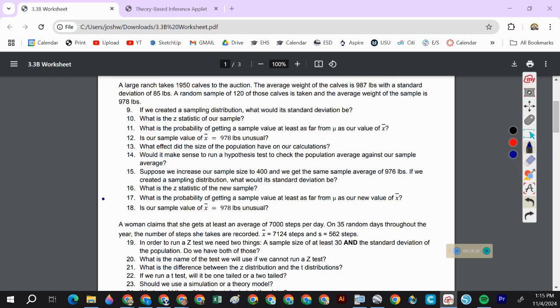So 14 is no. Suppose we increase our sample size to 400 and we get the same sample average. If we created a sampling distribution, what would the standard deviation be? So this time it's going to be 91 over the square root of 400.